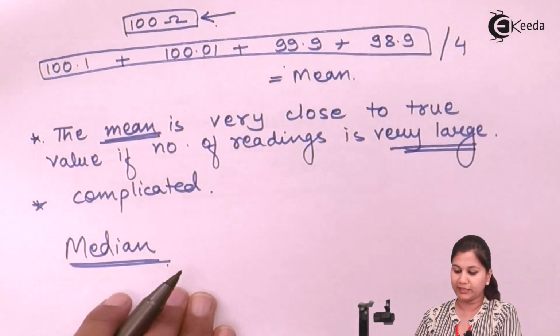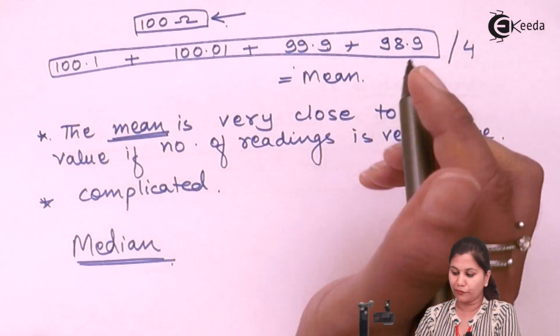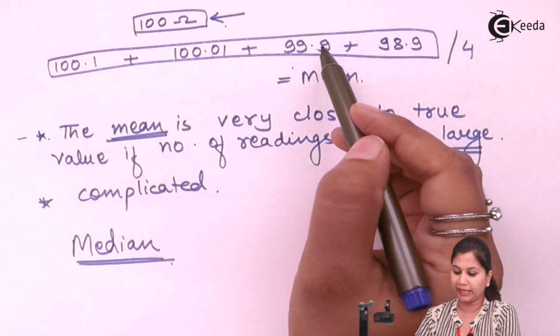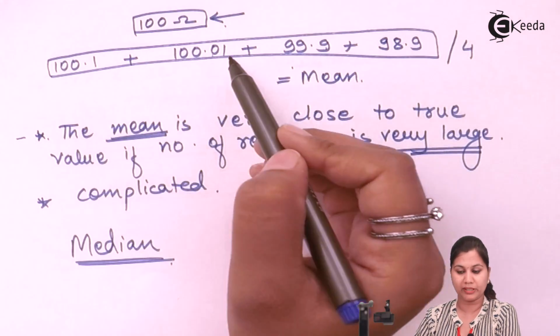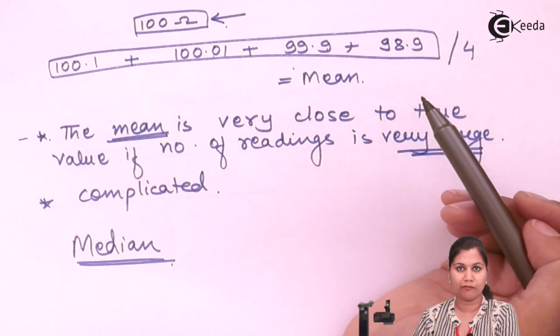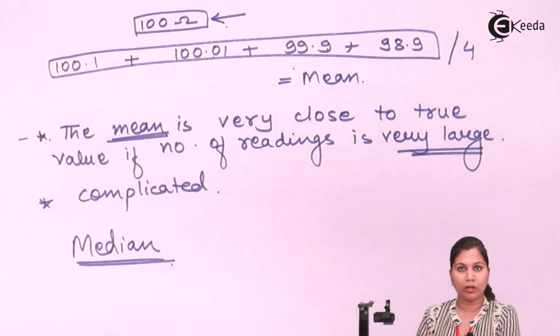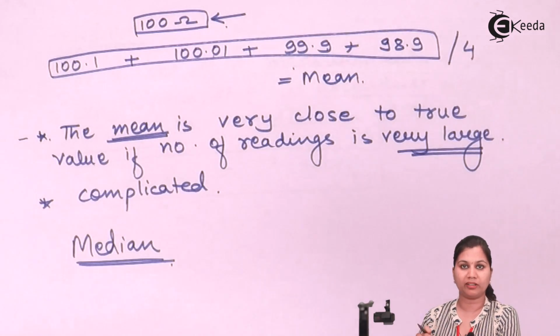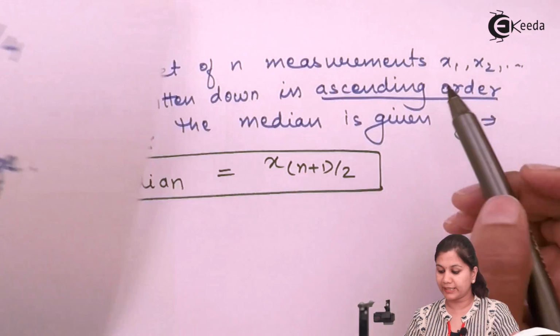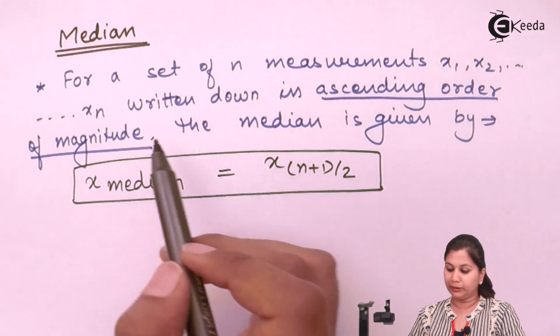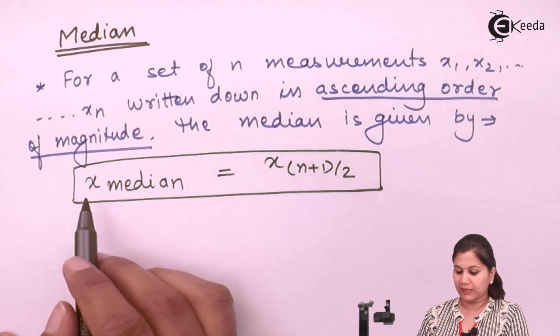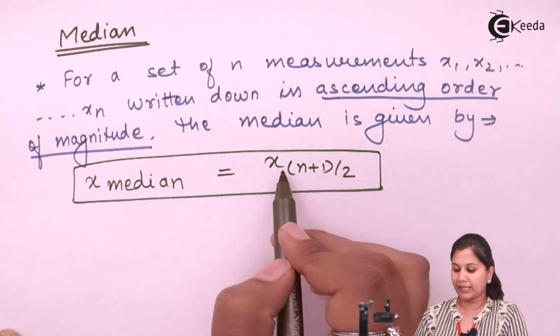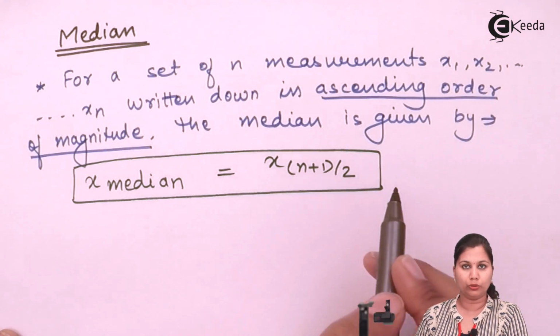Suppose we take the example of these readings: 98.9, then 99.9, then 100.01, and then 100.1. When the readings are written in ascending order of magnitude, the median is given by x median equals x of (n plus 1) by 2.